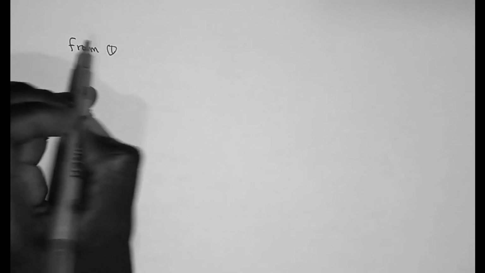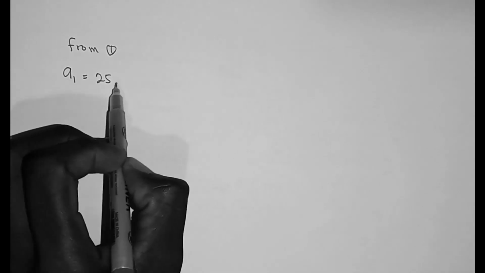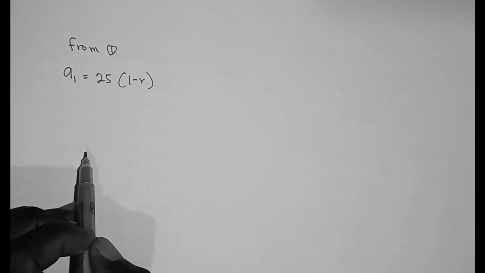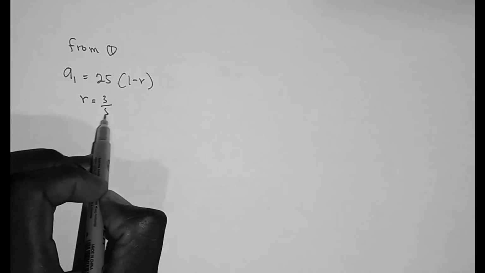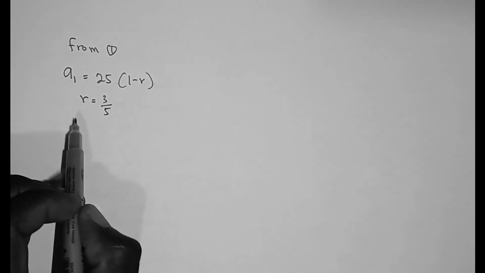So since we have found the common ratio, remember that from equation 1, we found a1 as a1 equals 25 times 1 minus r. We said the common ratio r equals 3/5. So let's substitute 3/5 to find the value of a1.